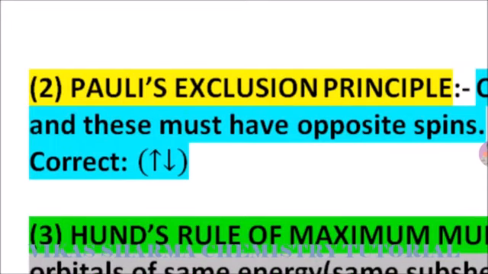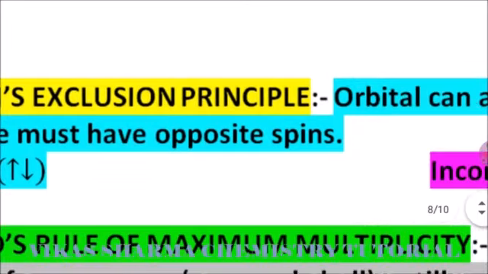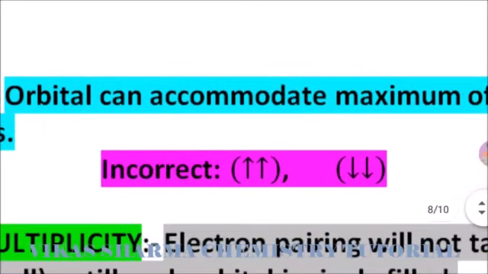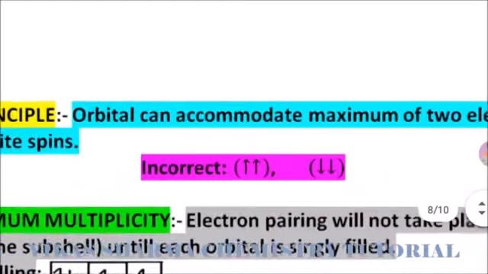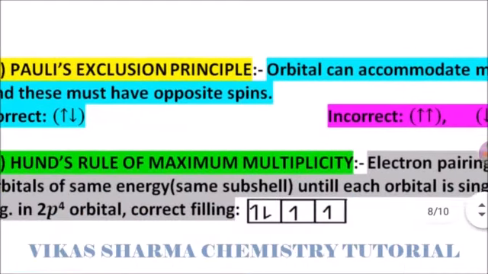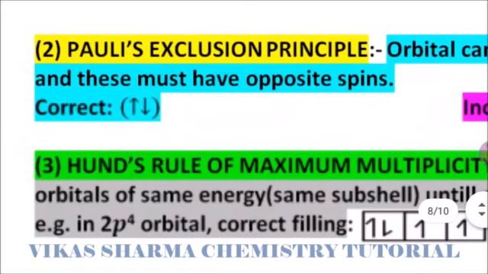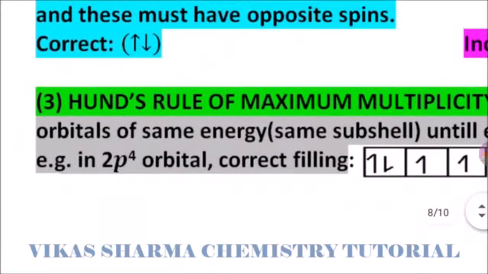Negative is shown by the arrow head on the bottom side. This is an incorrect pattern of filling electrons: in the first case the two electrons have the same spin, positive spin, clockwise, and in the second case both electrons have negative spin. So it is an incorrect way of showing electrons in an orbital, and this is the correct way: first you fill the positive spin electron, then the negative spin electron.